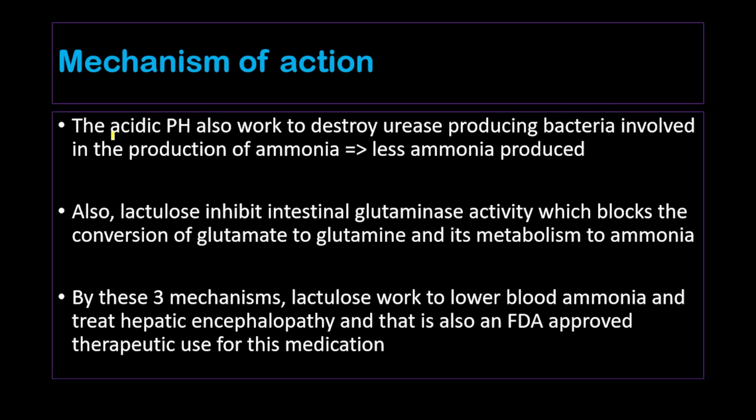Now also, the acidic pH that resulted from the metabolism of lactulose to short-chain fatty acids also works to destroy the urease-producing bacteria in the colon that is involved in the production of ammonia. And because we have less ammonia-producing bacteria, this means we have less ammonia produced.